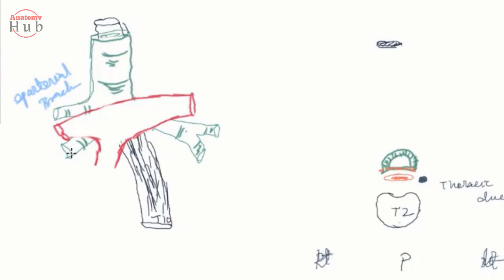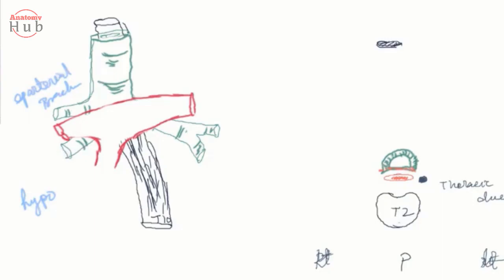But this one is present below the pulmonary artery, so it will be known as your hyparterial bronchus. Hypo means below. Eparterial means just above the artery. So this is your eparterial bronchus, and this will be your hyparterial bronchus.